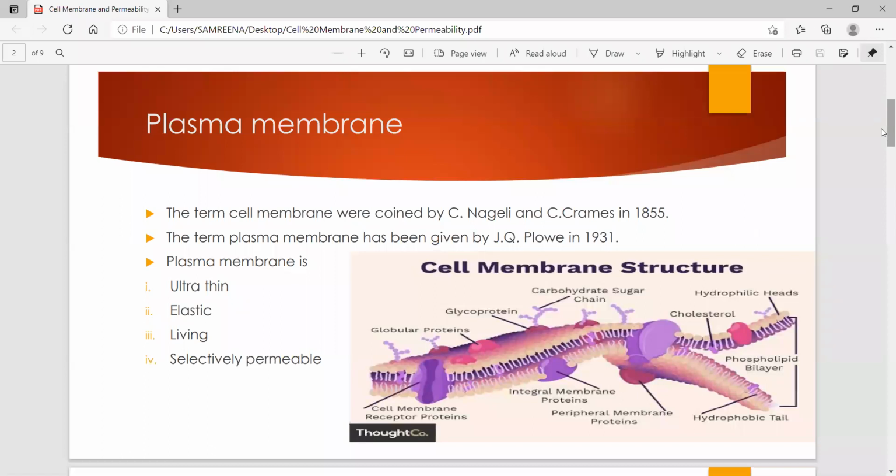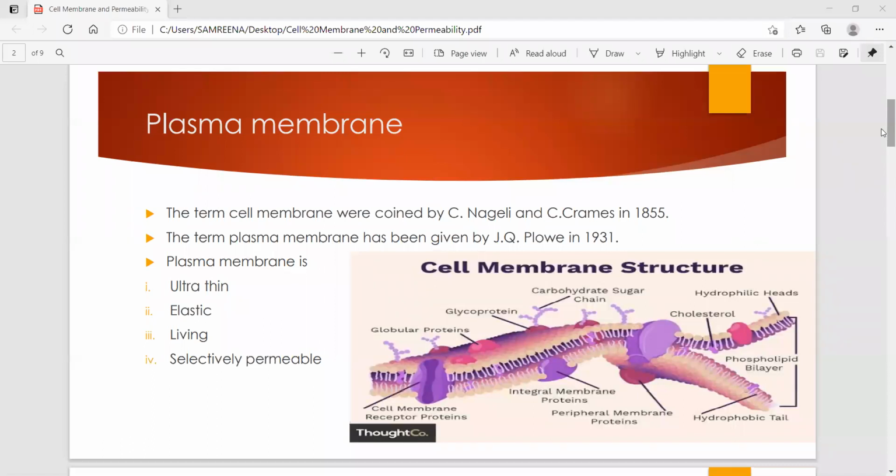In other words, the plasma membrane separates the cytoplasm from the surrounding cellular environment. It gives a physical separation of our cell cytoplasm from the surrounding environment.